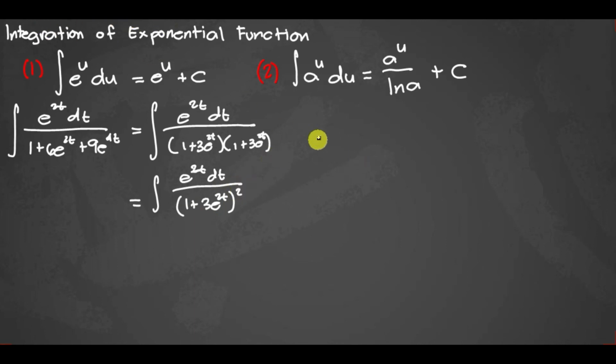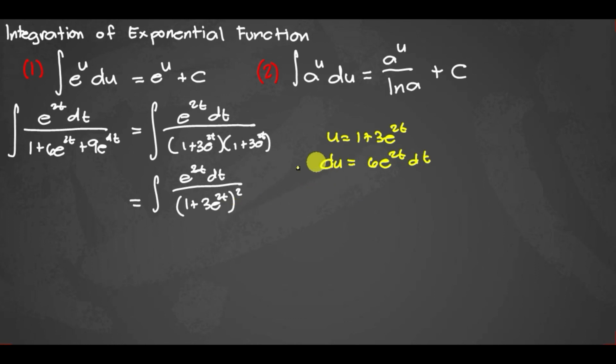Now, by applying integration by substitution, where our u is equivalent to 1 plus 3e raised to 2t, taking the differential of u, du is equal to 6e raised to 2t dt.